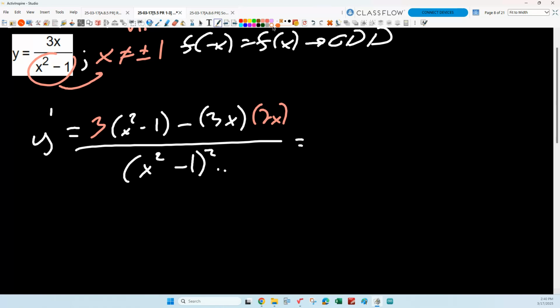So what's that give us? We really can't factor, we can factor a 3 out, I guess. What if we just distribute? So we get 3x squared minus 3 minus 6x squared on the top, so negative 3 minus 3x squared.